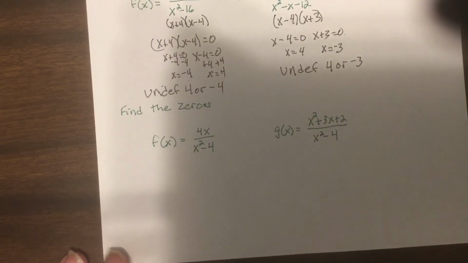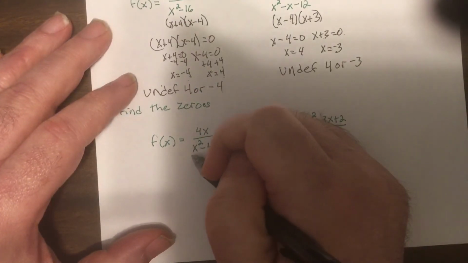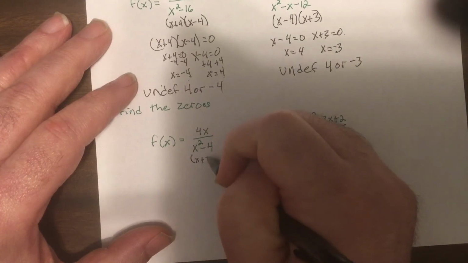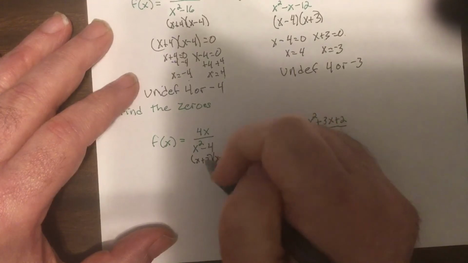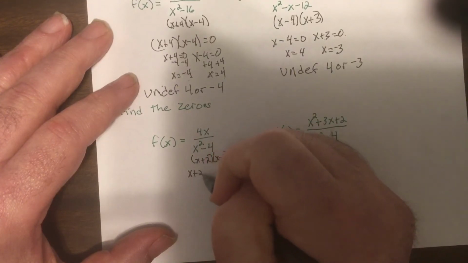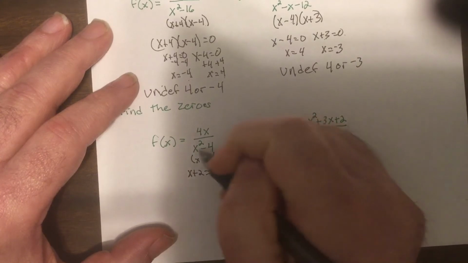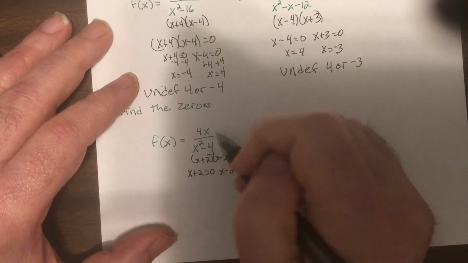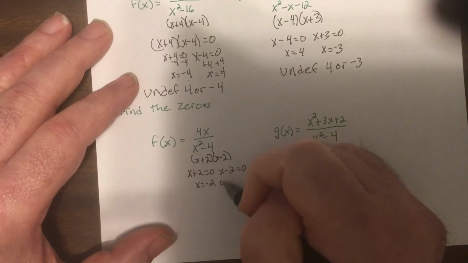Okay, I hope you actually froze and did the problems, because watching me do them only helps a little bit. So, what numbers can I not use for the zeros? Well, I have x plus 2 equals 0 or x minus 2. Whatever causes the denominator to be 0, I cannot use. So that would be negative 2 or 2.